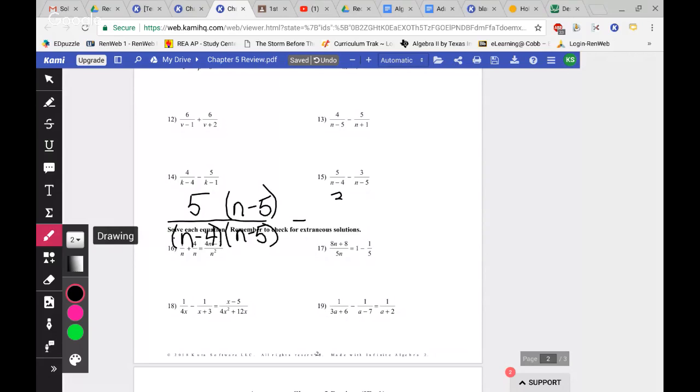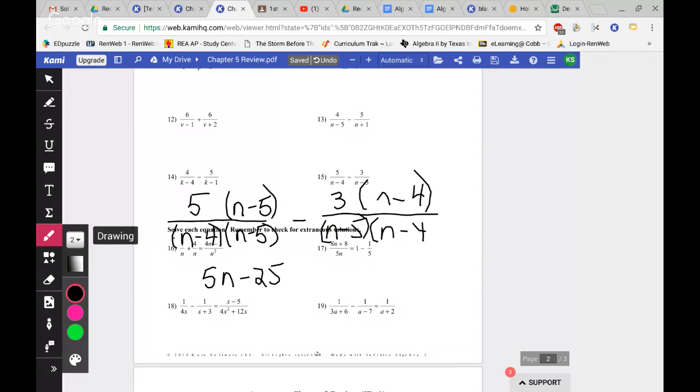So on this second part, in order to get a common denominator, I have n-5 as the original denominator, and if I multiply it by n-4, now both the first and last fractions are the same. Whatever I do to the bottom, I must do to the top in order to not change the value. So now all I'm going to do is distribute 5 to the n-5, which gives me 5n-25.